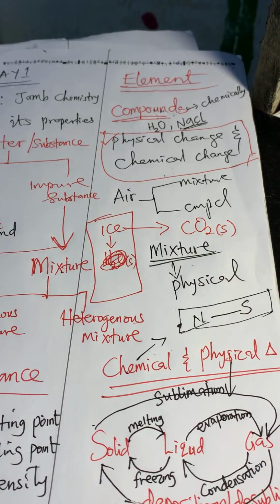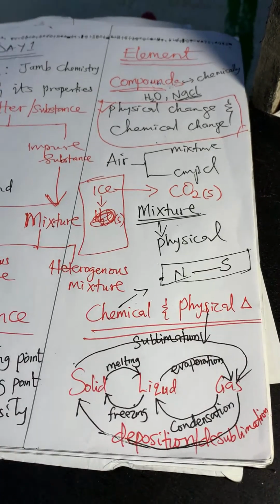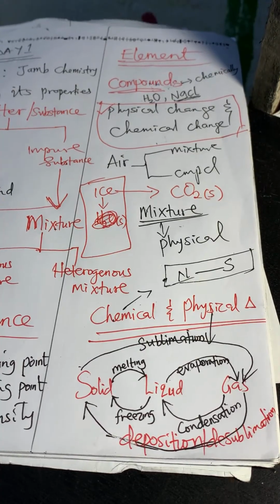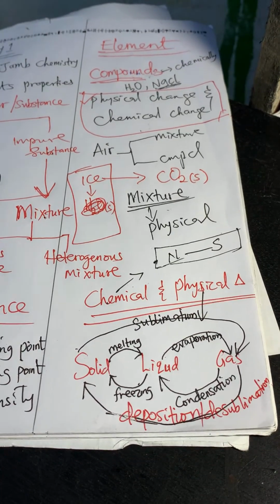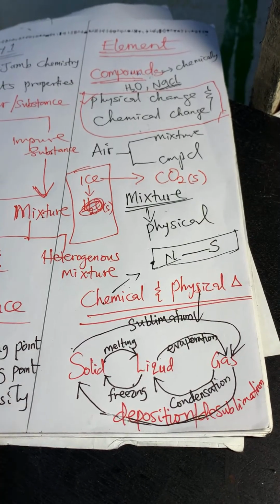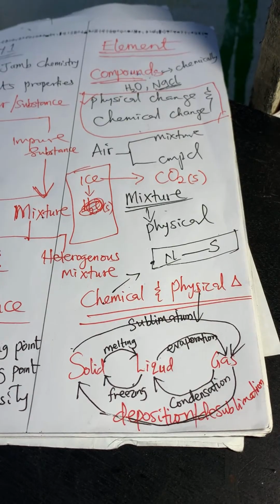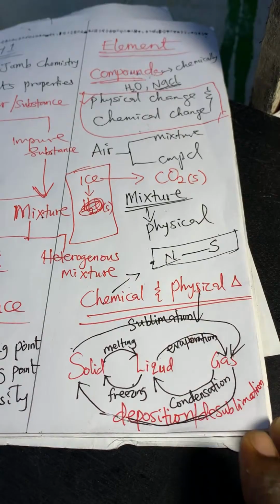So don't forget, at times I will ask you: what is the temperature at which the saturated vapor pressure of the liquid equals atmospheric pressure? What they just defined for you is the boiling point. Boiling point is the temperature at which the SVP of the liquid equals a pressure of 1 atmosphere.